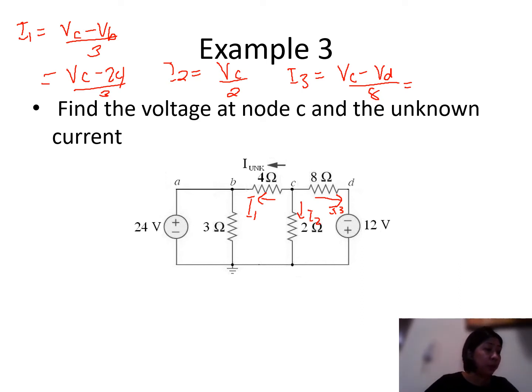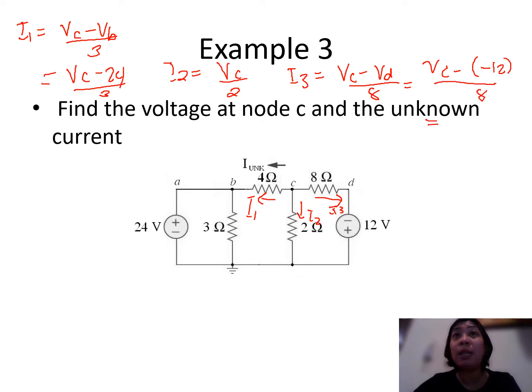However, the 12 volts is in a reverse direction or polarity. So therefore, instead of having minus VD, it will become positive VD. So in rewriting that, VC minus VD, but VD is negative 12, all over 8.